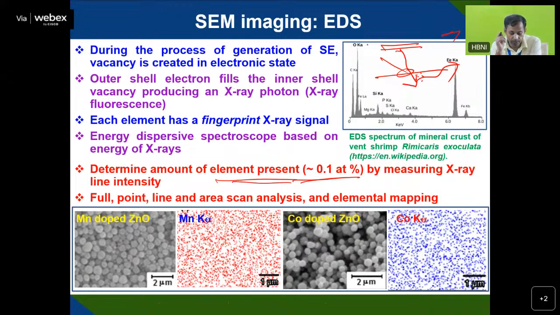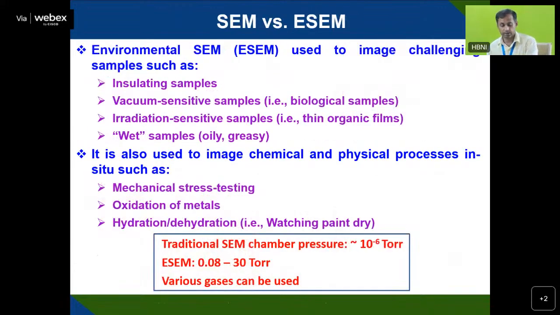Then point, line, and area scans can be done. So you can see here, if I have a manganese and zinc sample, then you can see the manganese K alpha, the zinc and cobalt K alpha, and how evenly they are distributed on the surface. That information you can get from the analysis.